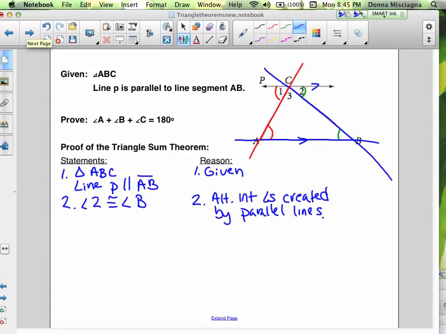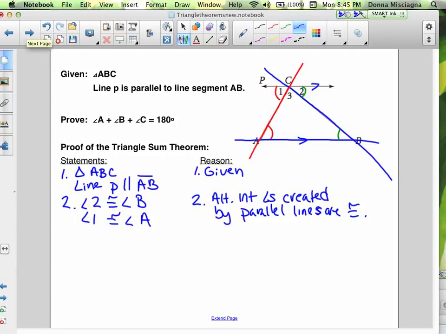Rather than writing alternate interior angles created by parallel lines are congruent, instead of writing that twice, let's just have two things under number 2. And we can also say that angle 1 is congruent to angle A.